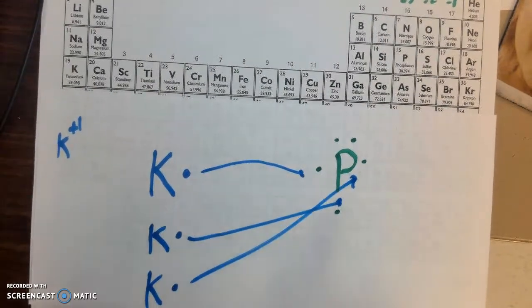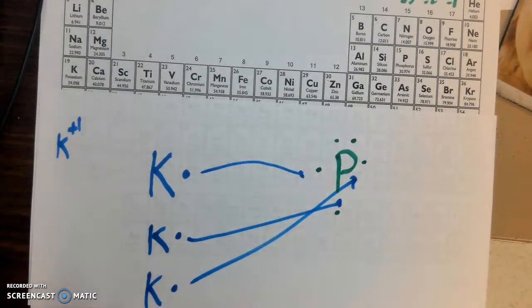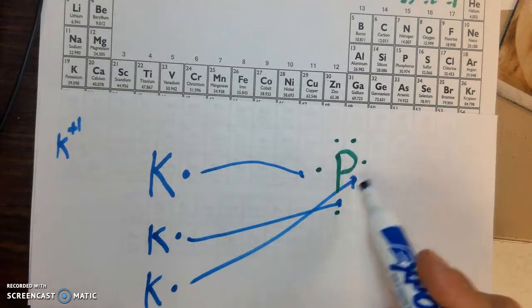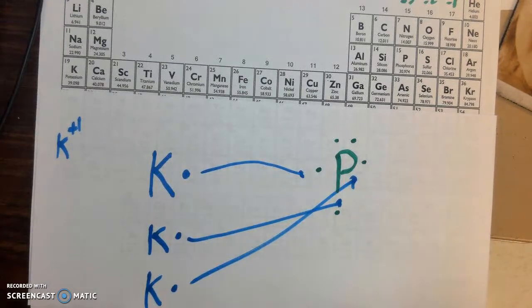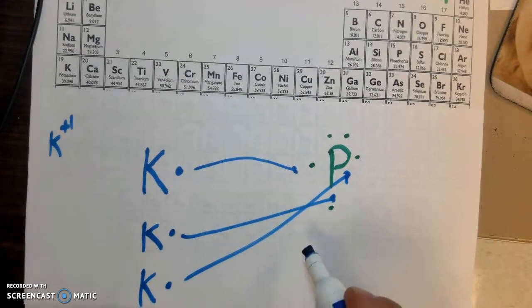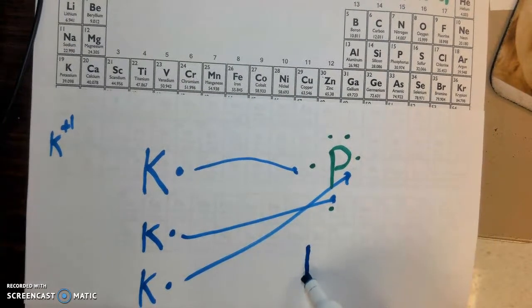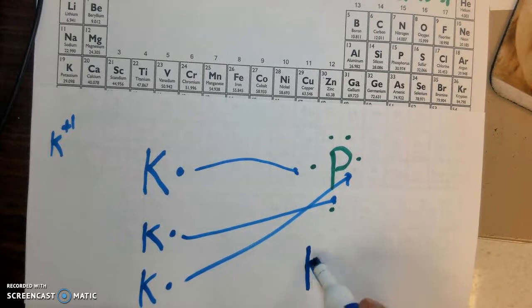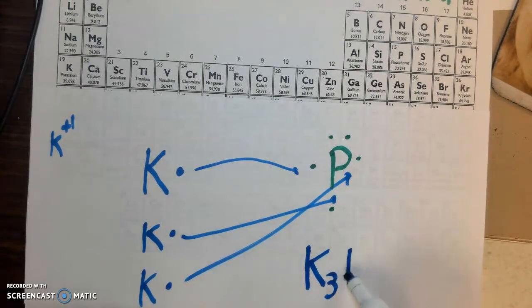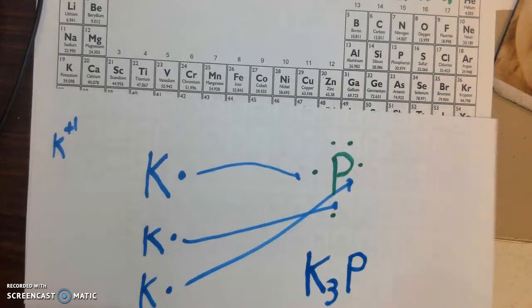We know the name of it's going to be potassium phosphide, because with binary compounds, you change the suffix of the nonmetal to -ide. But the way you'd write that is using a subscript. Potassium phosphide would be K3P.